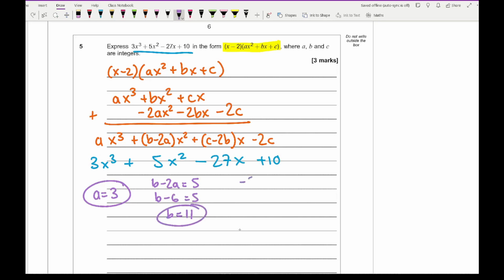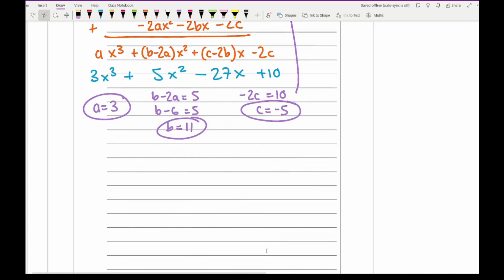And if minus 2c equals 10, c is going to equal minus 5. So then substituting those back in, I get (x minus 2)(3x squared plus 11x minus 5).